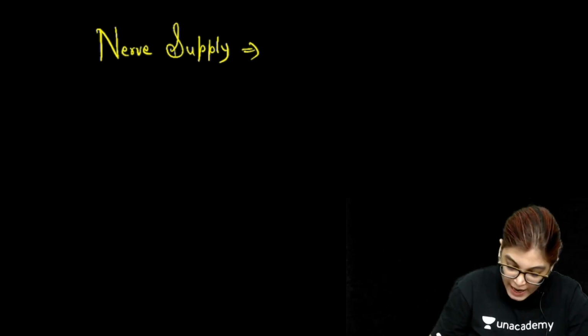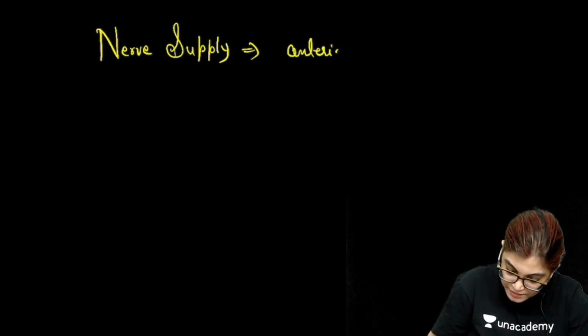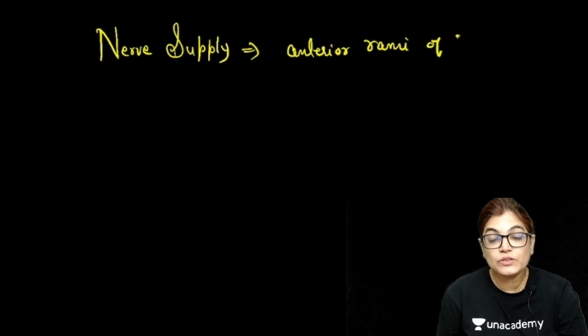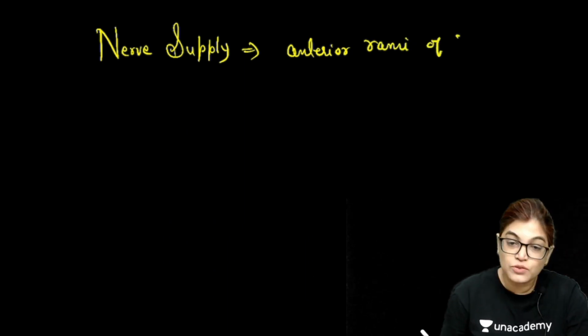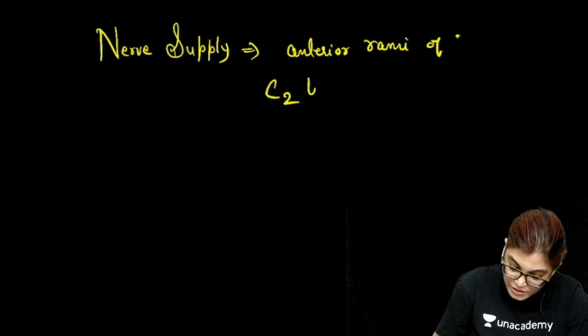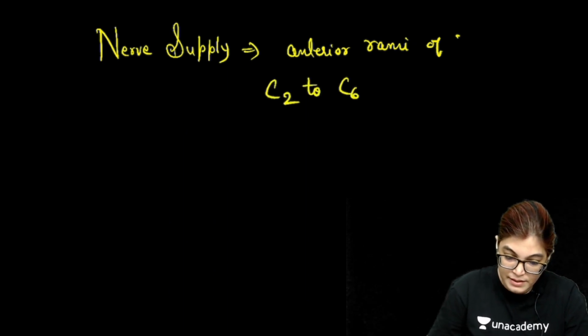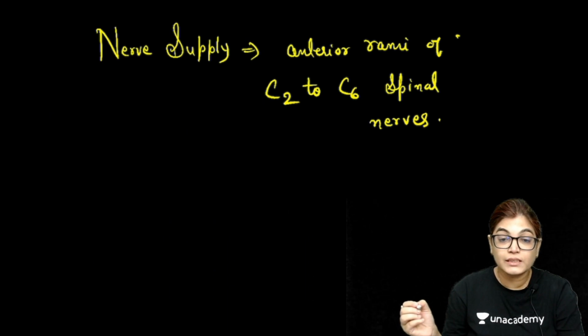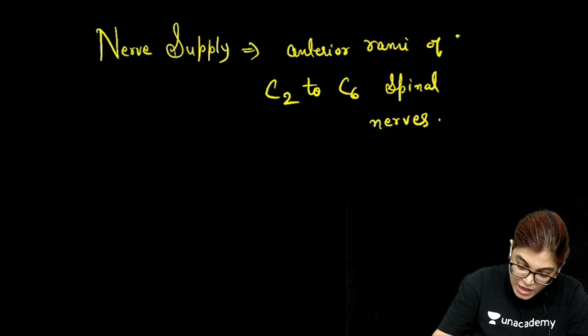It is supplied by the anterior rami of C2 to C6 spinal nerves, second cervical to sixth cervical spinal nerves. So we are done with the nerve supply. Now moving to the action.